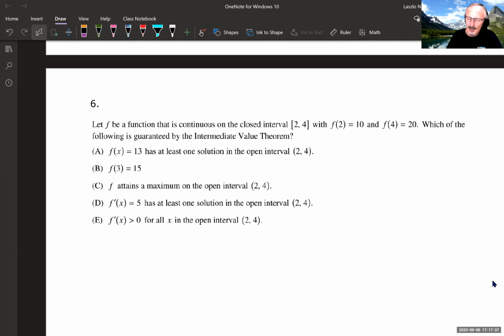It might be beneficial to understand that the continuity on the interval 2 to 4 is there, and because of the given endpoints, the y values are from 10 to 20, so f of c is going to have to be between 10 and 20. That's the only thing the intermediate value theorem talks about. Maybe this will help us narrow down the correct answer.